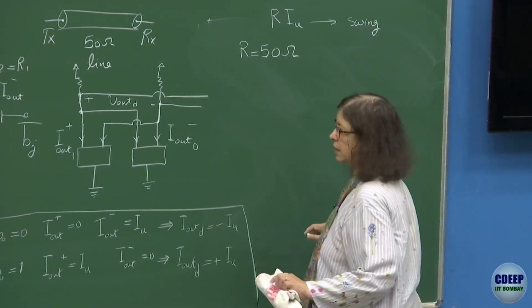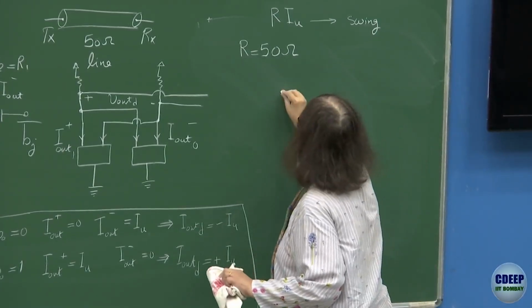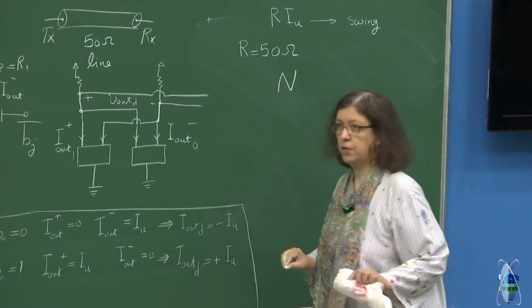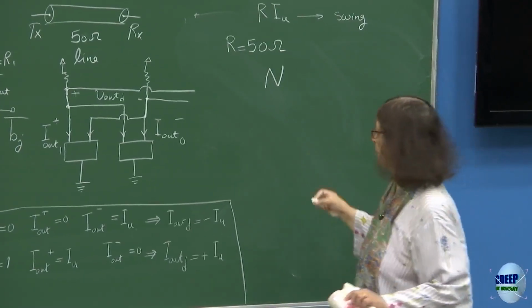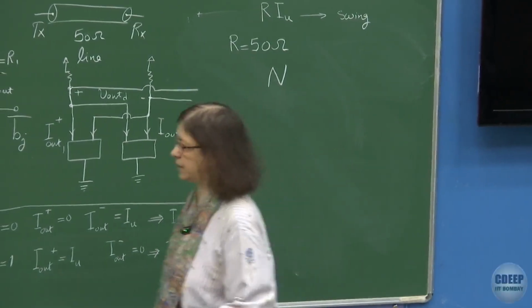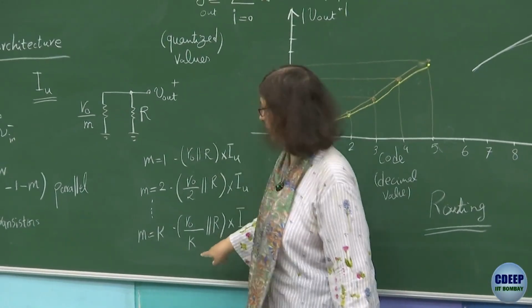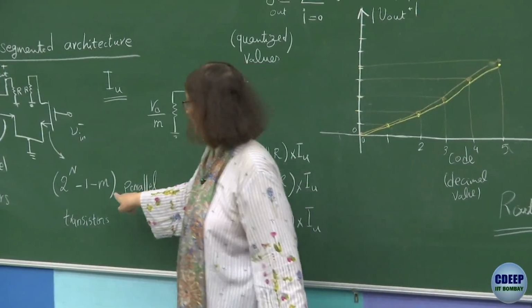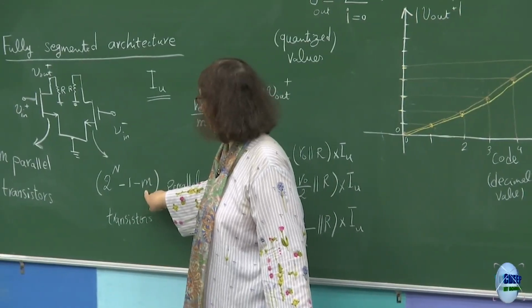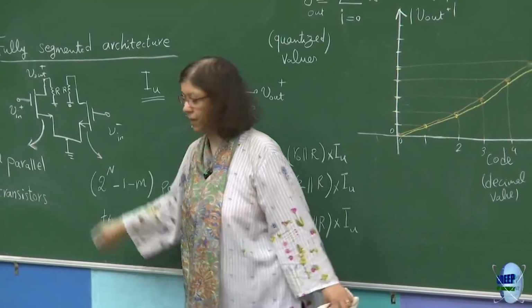The second thing is the number of bits n. If the number of bits is high, we effectively have division by this value k, which is 2 to the power n minus 1. Let's say, for example, m is 2 to the power n minus 1. That means this side is divided.